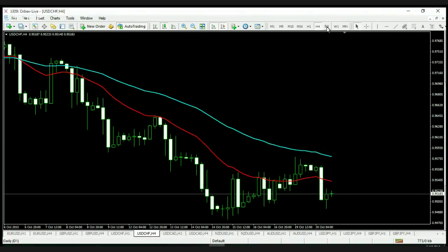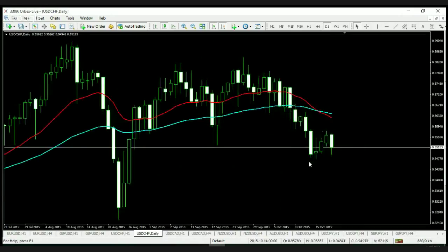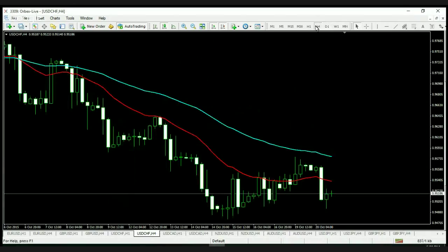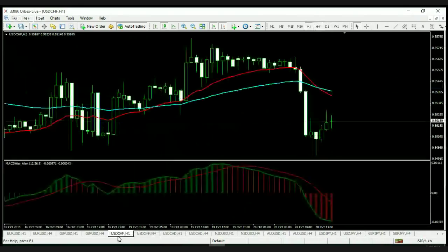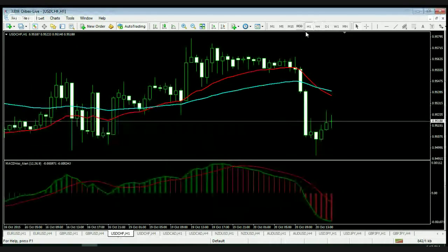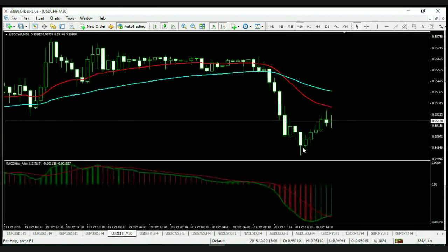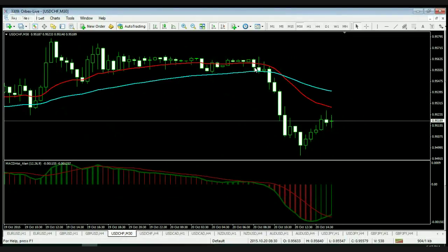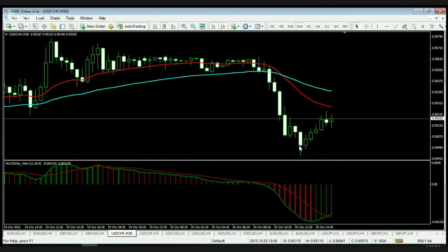Okay, let's see what the daily chart says. You see this going down, so probably this price will go down now. 94640.